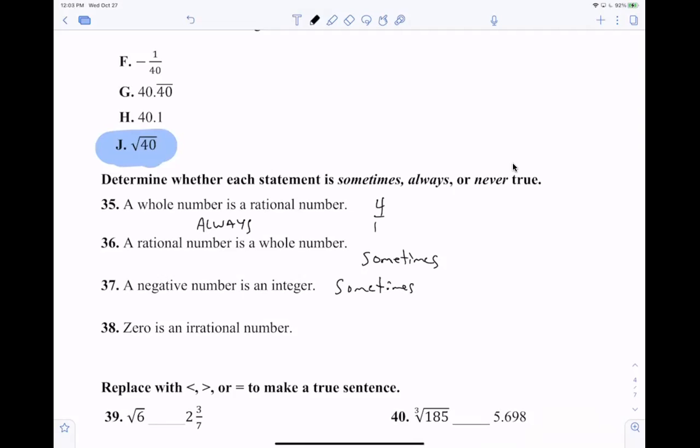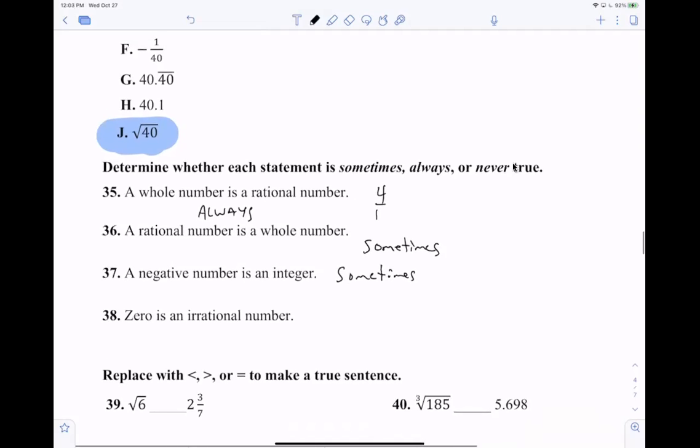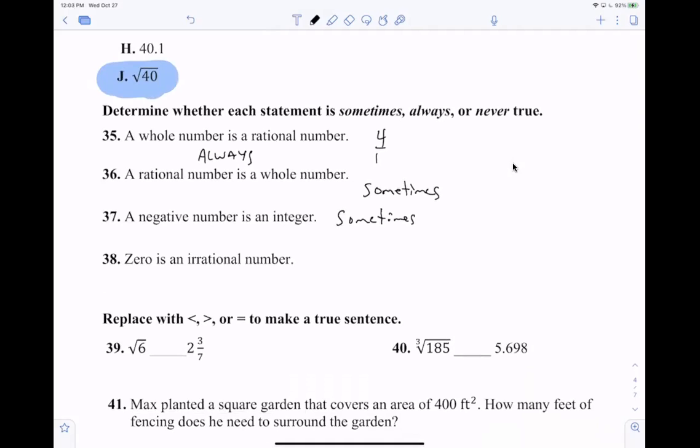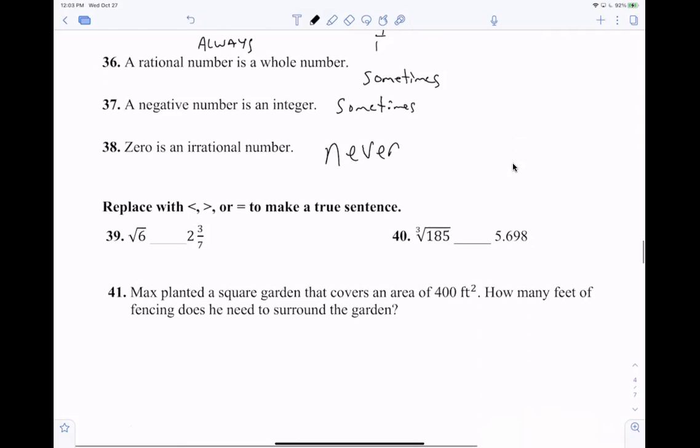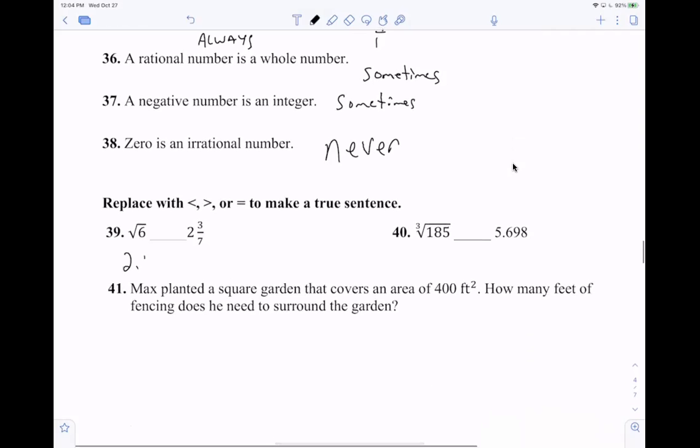All right, Nora. Zero is irrational? No, never. Okay, Wilson. The square root of 6 is... tell me what that is. 2.449.